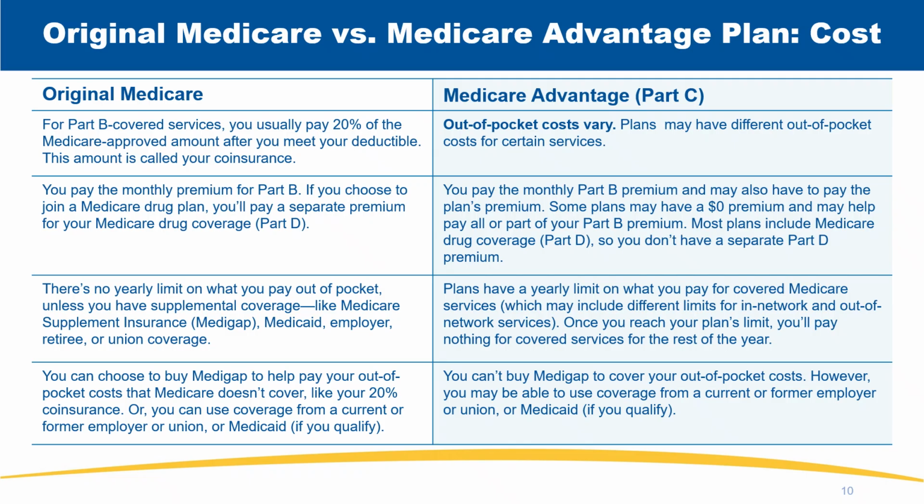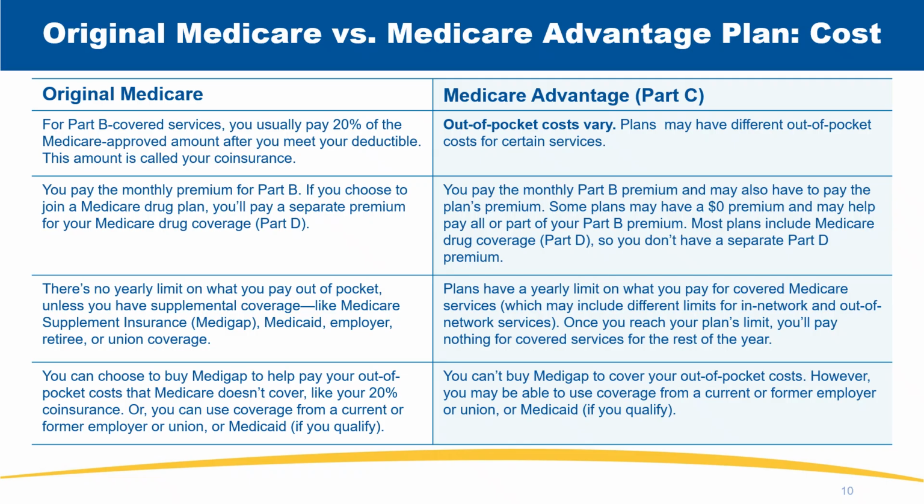Most plans include Medicare drug coverage, so you will not need to enroll into a separate Part D plan. Plans have a yearly limit on what you pay for covered Medicare services, which may include different limits for in-network and out-of-network services. Once you reach your plan's limit, you'll pay nothing for covered services for the rest of the year. You will know this amount before you enroll into the plan of your choice.